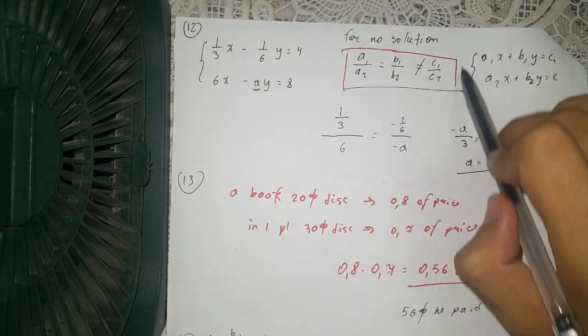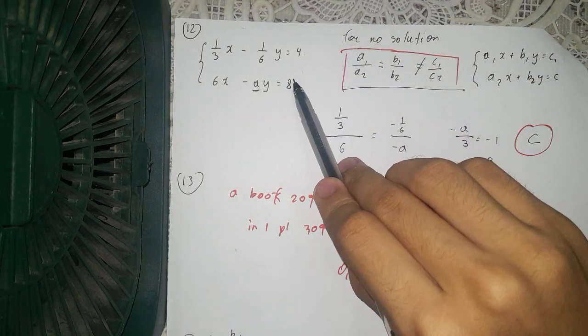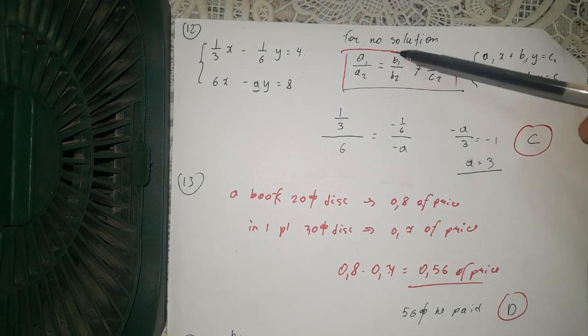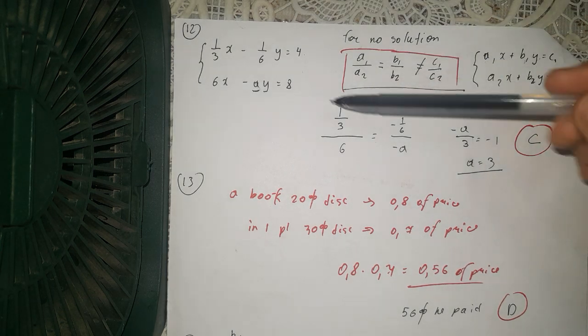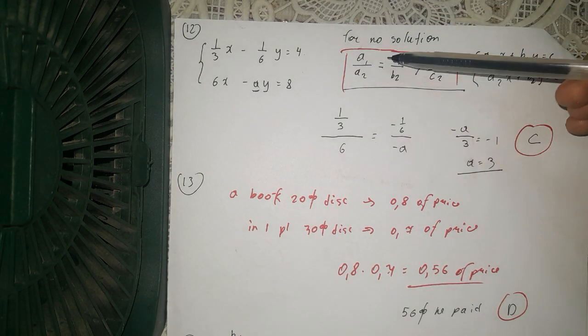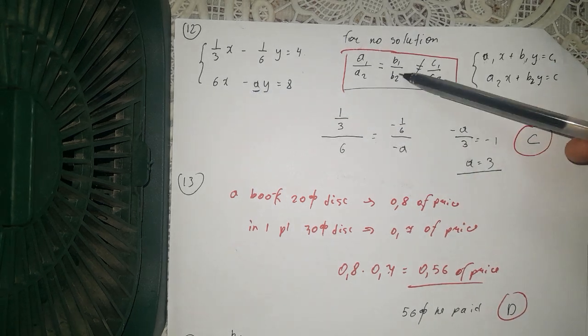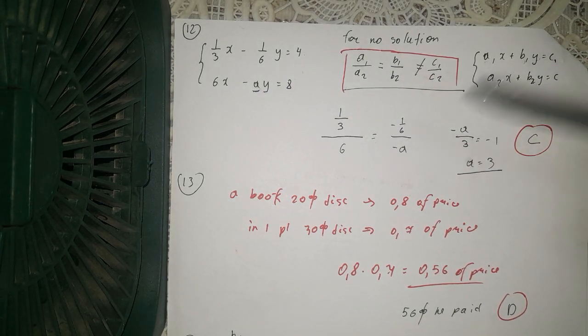It's the rule for no solution in this. I'm just using this, putting in numbers. That's A. So A is 3.